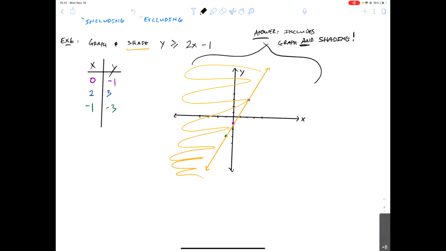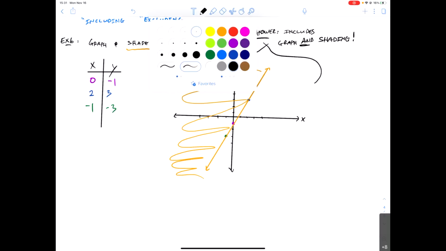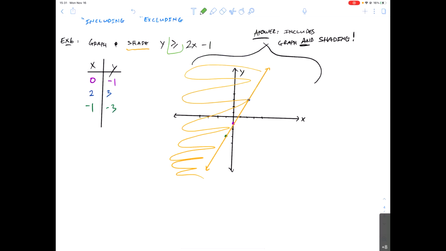It's the fact that, let me write this in green, light green, it's this inequality. So here comes one of the first of a couple of rules to remember.